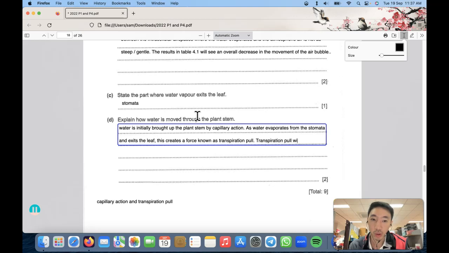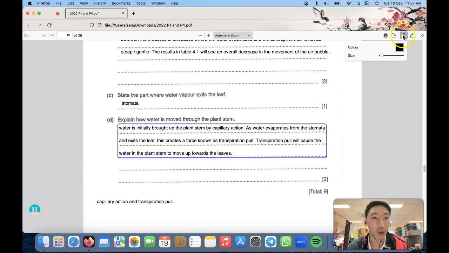Transpiration pull will cause the water in the plant stem to move up towards the leaves. Okay, so that's my 2 marks.